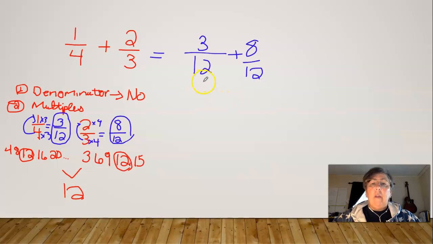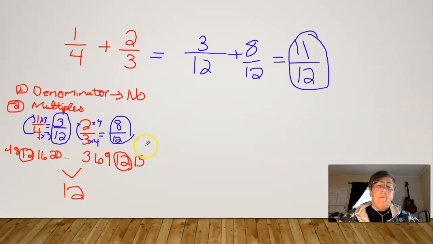And now because the denominators are the same, we can add those together. Here's 12. Now we just have to say 8 and 3: 8, 9, 10, 11 twelfths. And there's my answer.